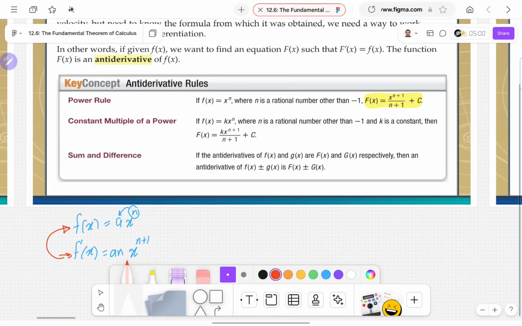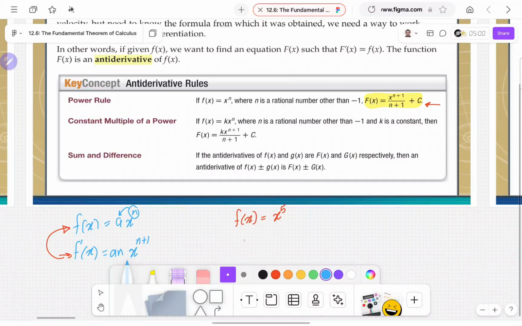Just for a quick example, let's say we have f of x equal to x to the power of 5. Just apply the simple rule: we add 1 to the power and divide by the same power plus 1, then plus c.